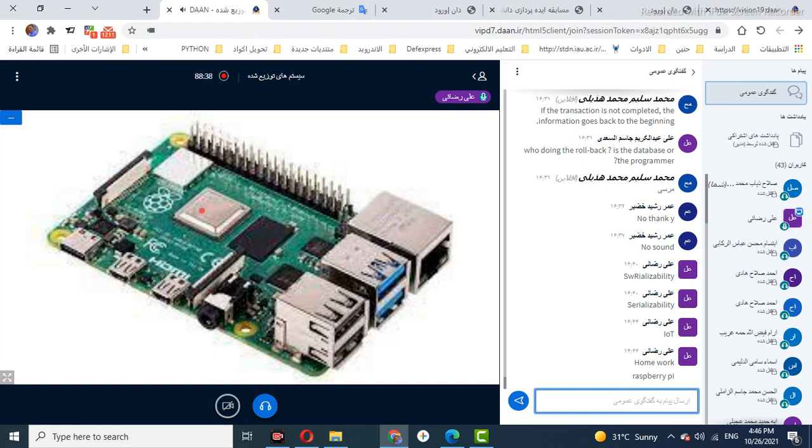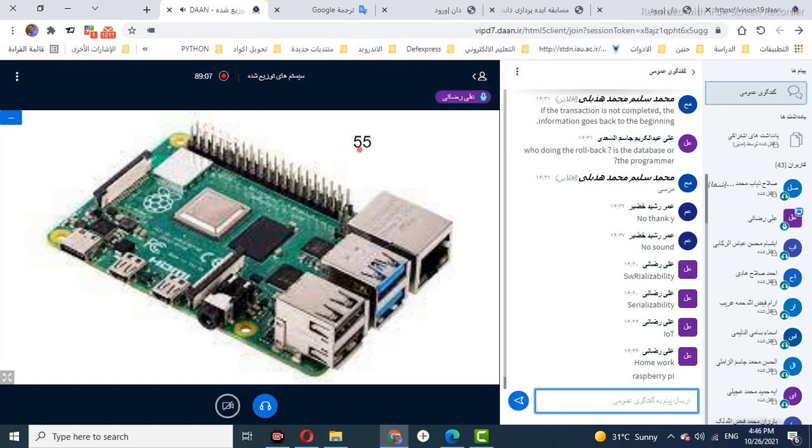It's a computer, and I think its price is currently near $100, I don't know, maybe less. Let me check Raspberry Pi. Oh, it's so cheap.